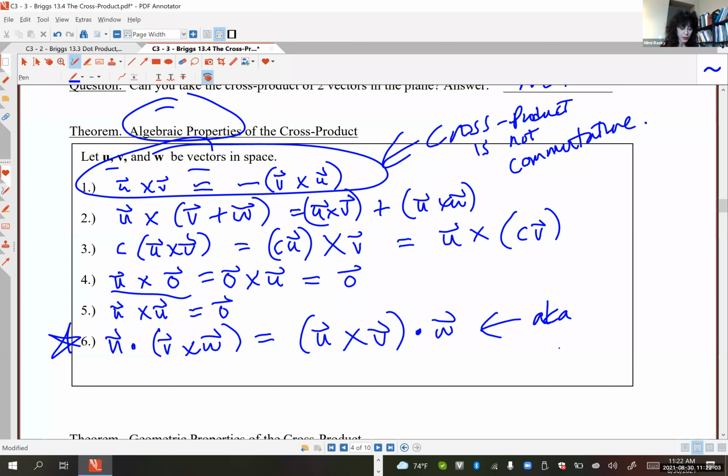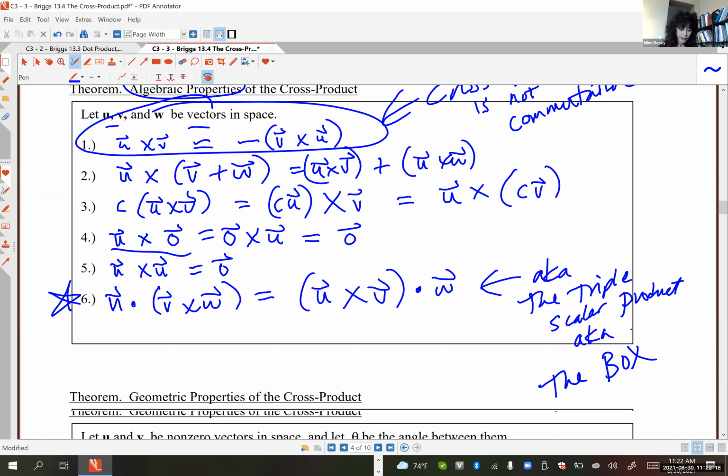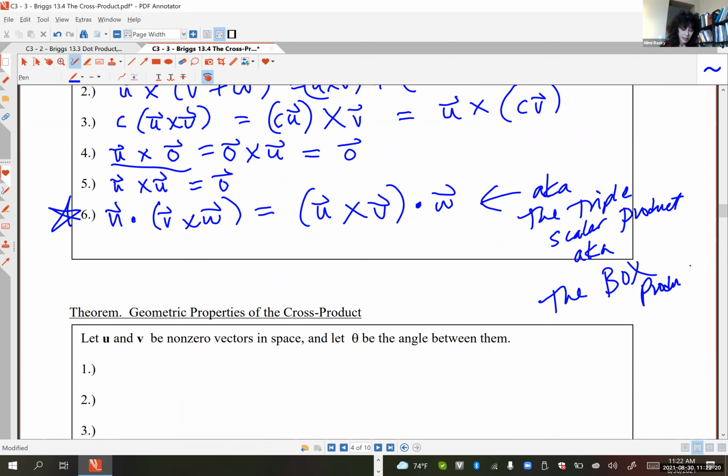This is also known as the triple scalar product. And it also has another name, the box product. We'll see why in a little bit. The box product. You may hear it referred to as that. This one's very special.